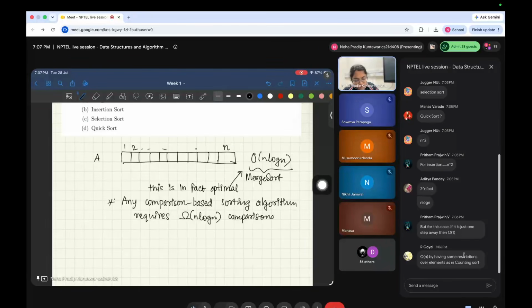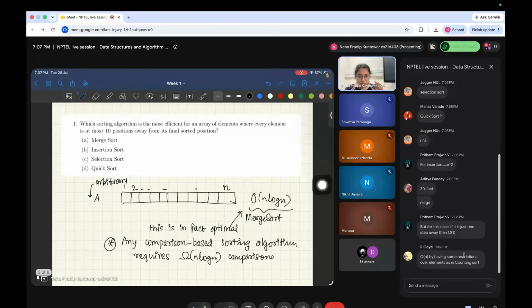Okay, so this is the case when A is an arbitrary array. There need not be any relation among the elements. Now consider the following.